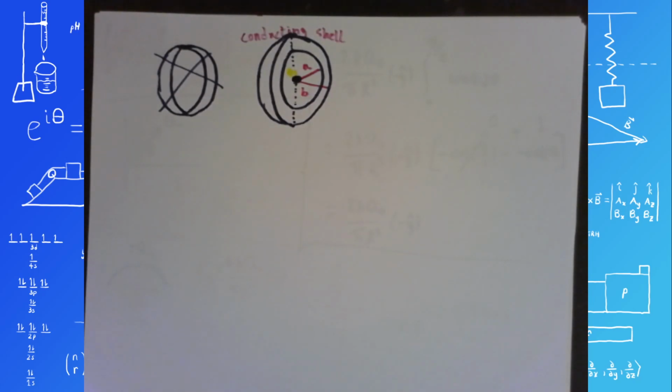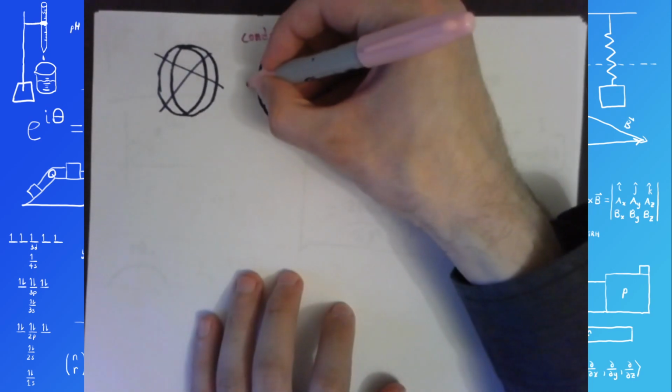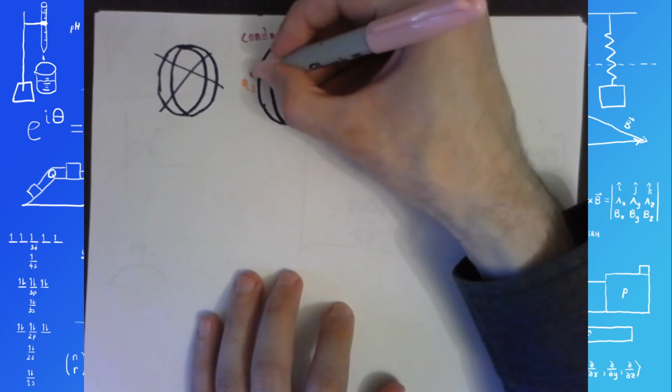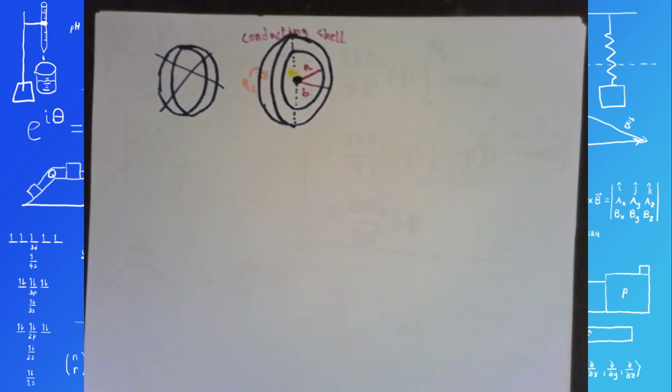Okay, so we were told that the conducting shell has a total charge of Q2 on it. Q2 is the total charge on this conducting shell, but we don't know how that charge is distributed. You can't assume it all lies on the outer surface, nor can you assume it all lies on the inner surface.